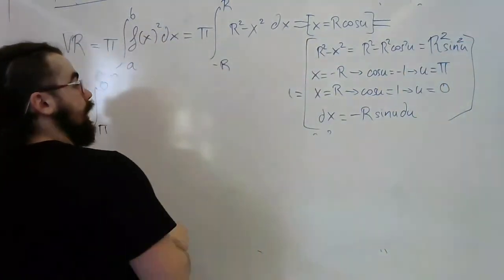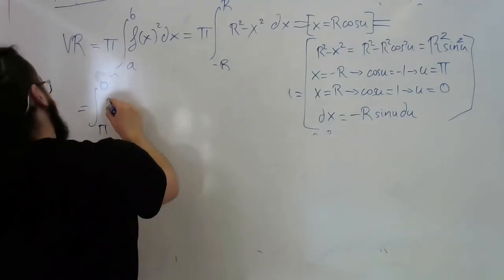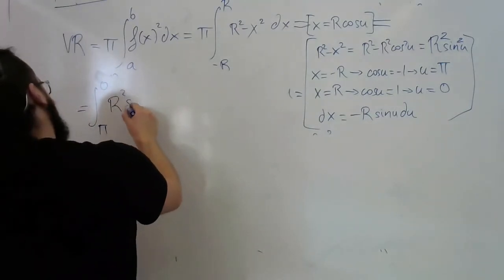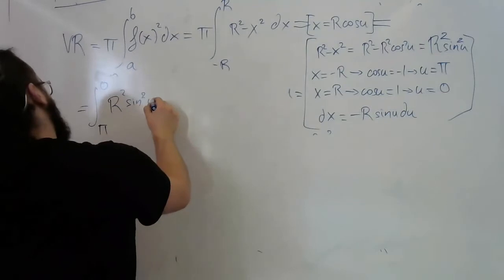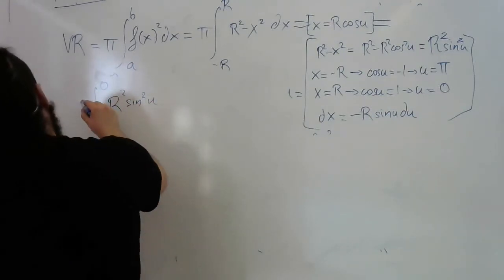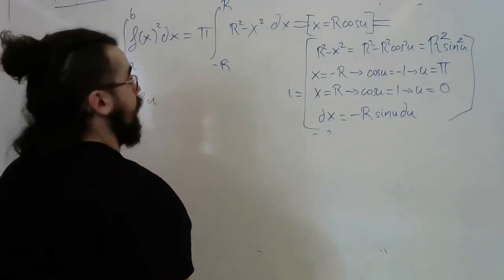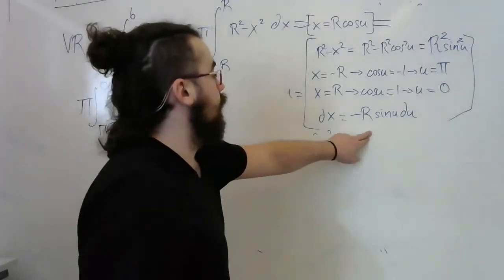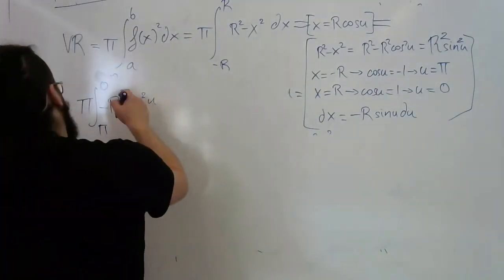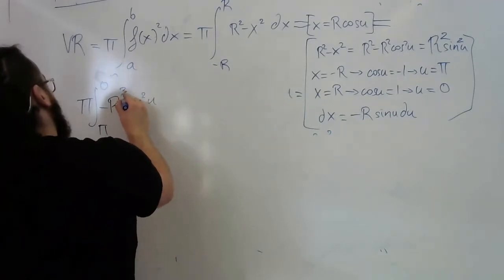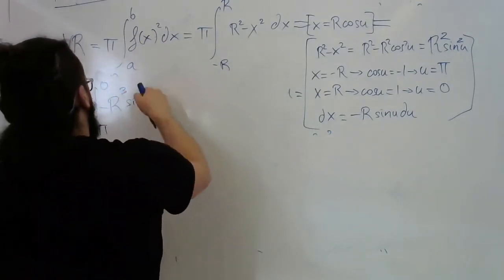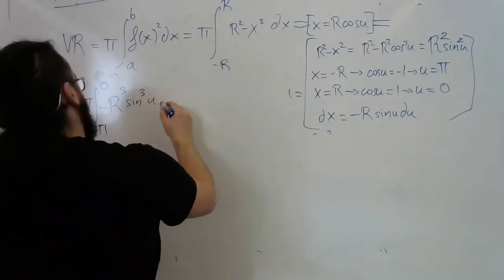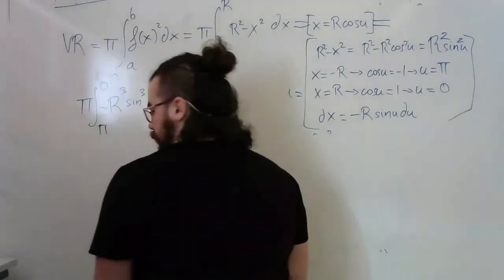So this integral from pi to 0 of r squared sine square of u, with pi multiplying here, times differential of u, so with a minus, the r cube is here, and the sine cube is here, differential of u.